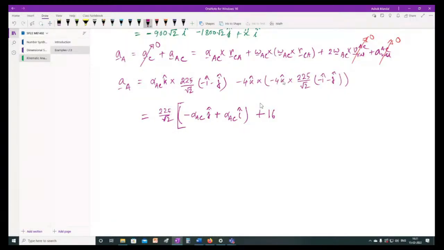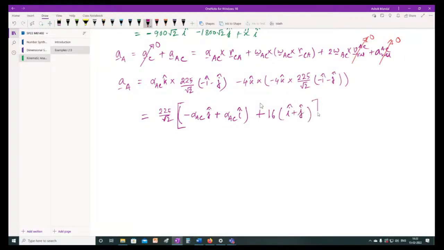Now if you multiply this K into I, K into I is j, and K into j is minus I, so you have plus I, and K into I is j.